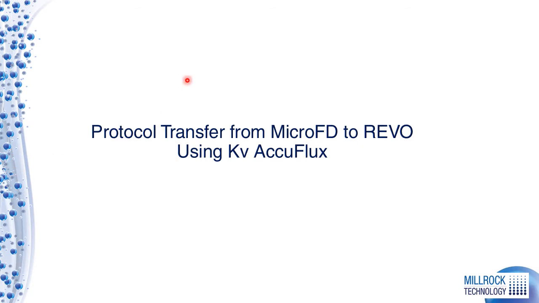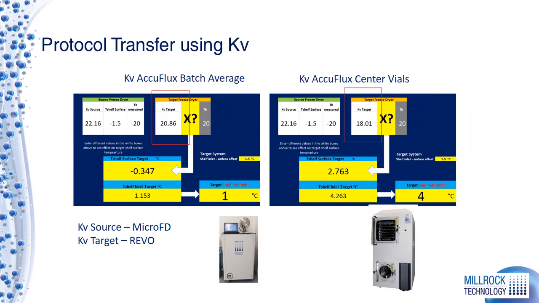Let's take a look at how we would transfer using Kv. In this simple slide here, if we know the Kv in a source system and the Kv in a target system, and we know the shelf temperature, we can calculate the adjustment in shelf temperature to produce the same results.